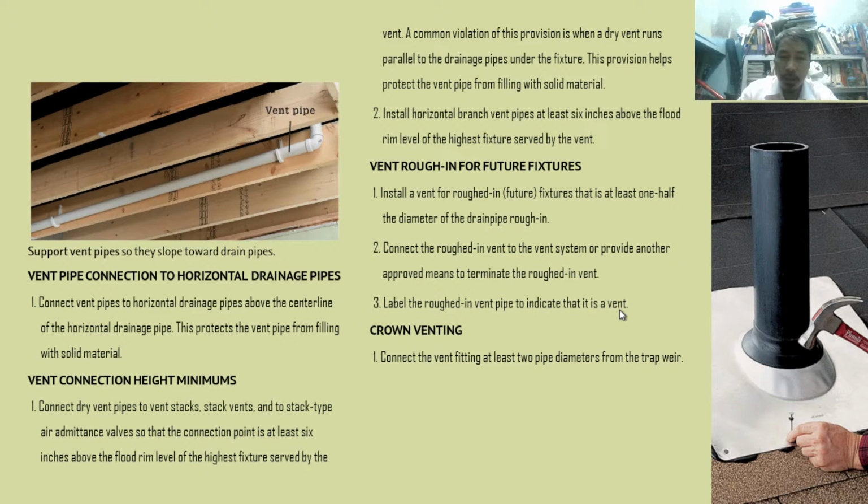Six inches above the flood rim level of the highest fixture served by the vent. So the connection point should be at least 6 inches above the flood rim level of the highest fixture served by the vent.